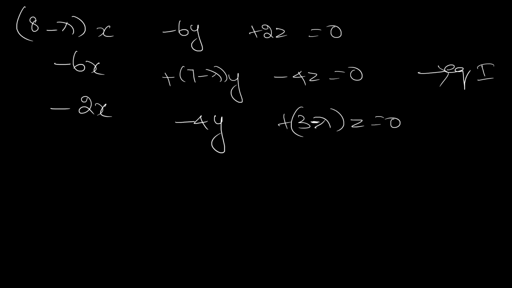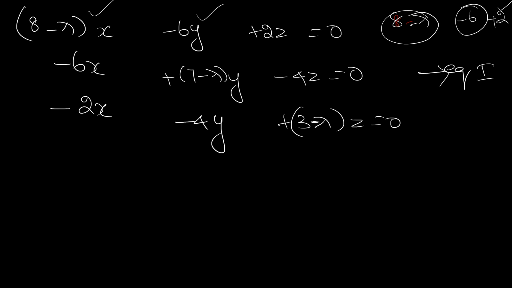So now we have the system of equation here. So how we got the system of equation? Remember when you wrote the characteristic equation, the first term was 8 minus lambda and then minus 6, 2. So 8 minus lambda into x minus 6 into y, then it was plus 2 into z.